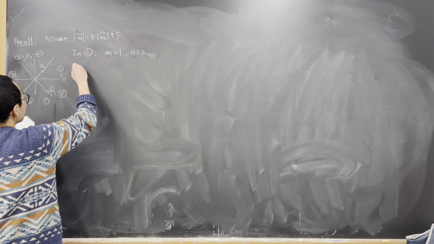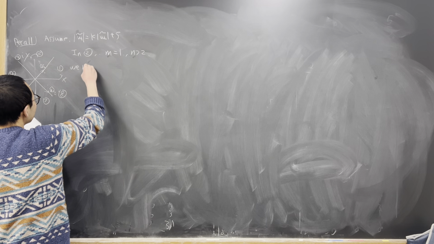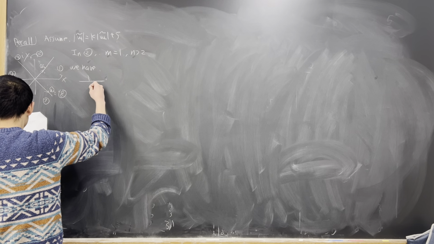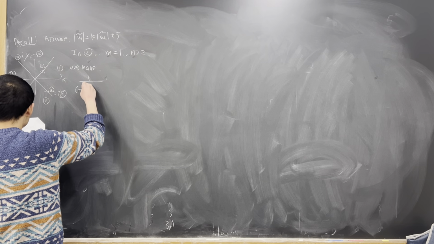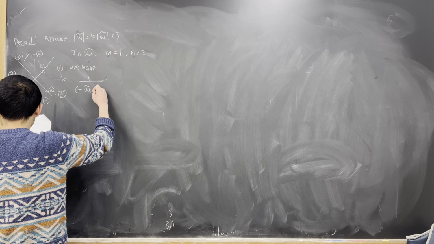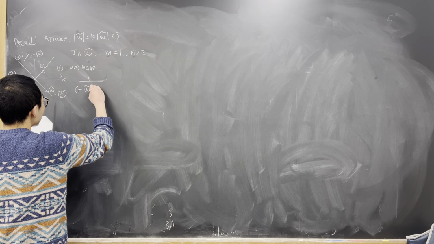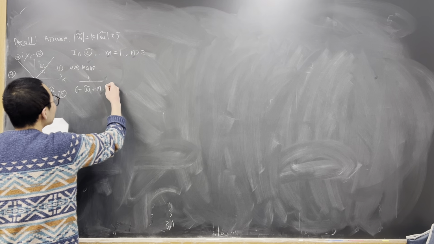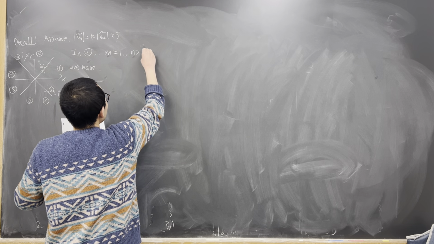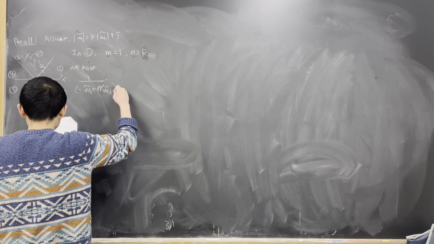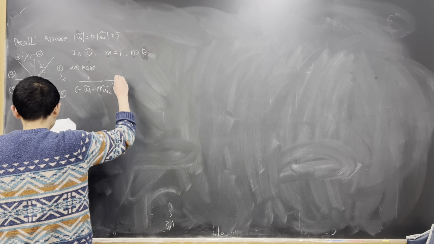So we have 1 over omega 1 tilde plus n omega 2 tilde, sorry, I think this is n bigger than k, squared.